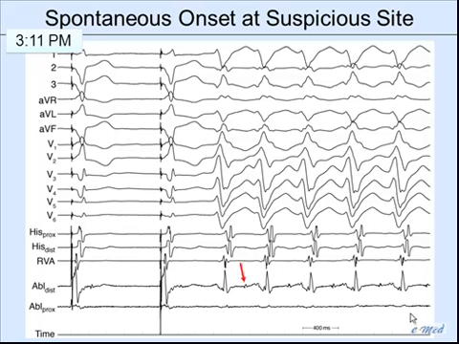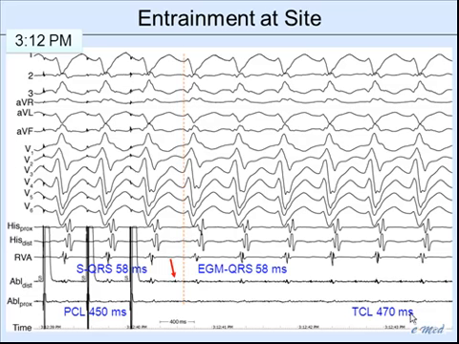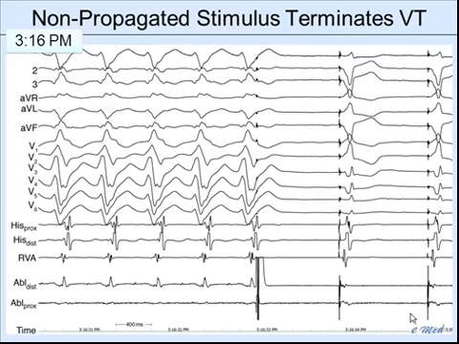We didn't have to work at that very hard, and we find this diastolic potential running along here that's consistently present. We entrained at that site a minute later, and we find that everything's kind of adding up here. The tachycardia cycle length is 450, pacing at 470, pacing at 450. Stimulus to QRS is 58 milliseconds. Electrogram to QRS at that site is also 58, and the post-pacing interval matches tachycardia cycle length.